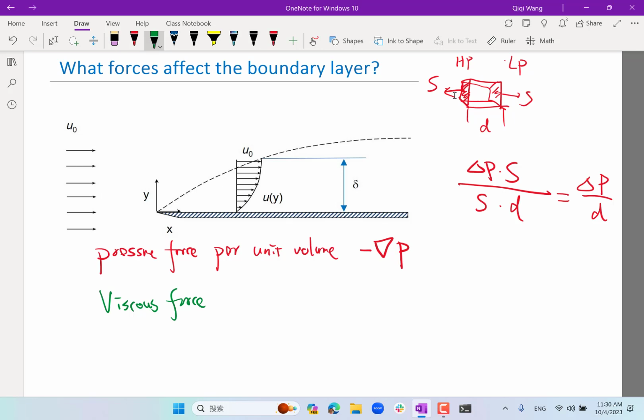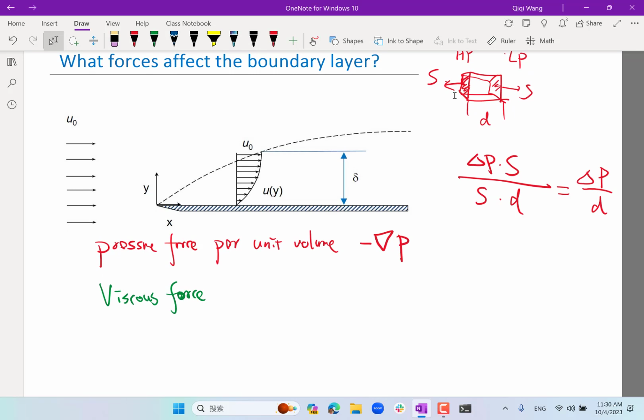The topic of how big the viscous force is, is in general quite complicated. So today we're not going to go into the complication of deriving how much the viscous force is in general flow. We are only going to focus on parallel shear flow.